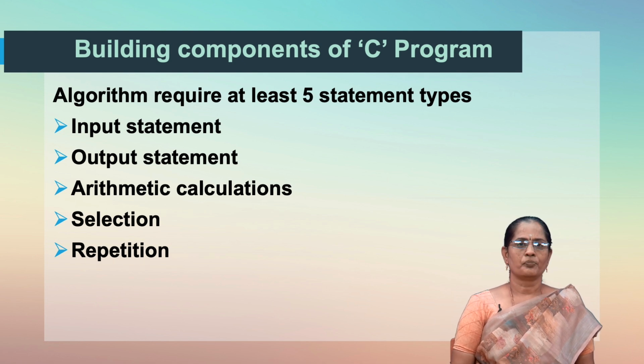Generally if we are given a problem statement, we will have to compose it as an algorithm. An algorithm will require at least 5 statement types: input statement, output statement, arithmetic calculations, selection statements, and repetition modules. So, why is this required?